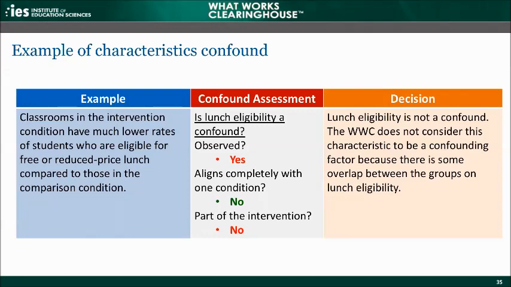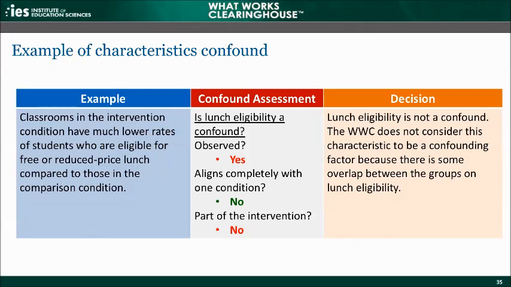Going through the filter, we see that lunch eligibility is observed, not part of the intervention, and this is the key consideration for this example, lunch eligibility does not perfectly align with only one condition. There is some overlap between the groups and lunch eligibility. Lunch eligibility, therefore, is not a confound in this example.